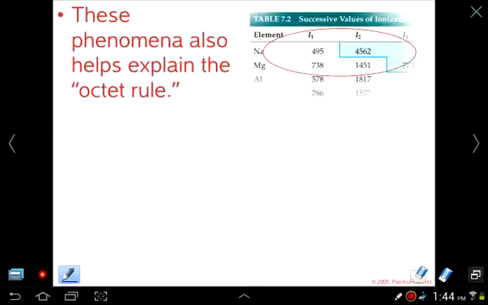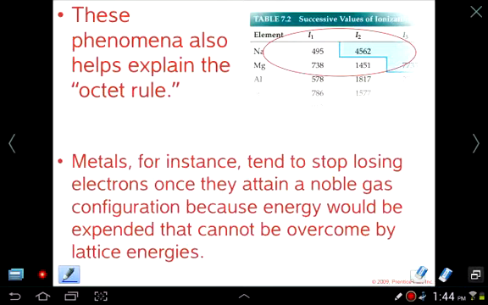And this also explains the Octet Rule in terms of, if you take a look at sodium, remember we said there's a huge jump between losing the first and the second electron. And in the case of sodium, you really only find sodium with a +1 charge in nature. You don't find sodium with a +2 charge or anything else.